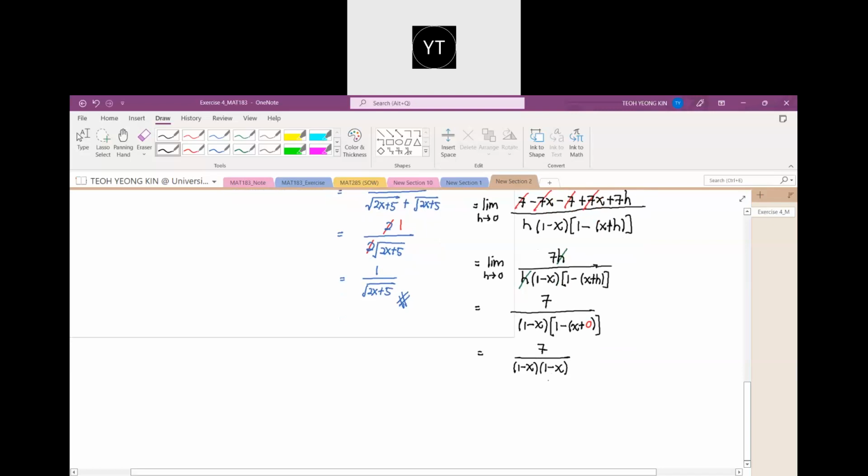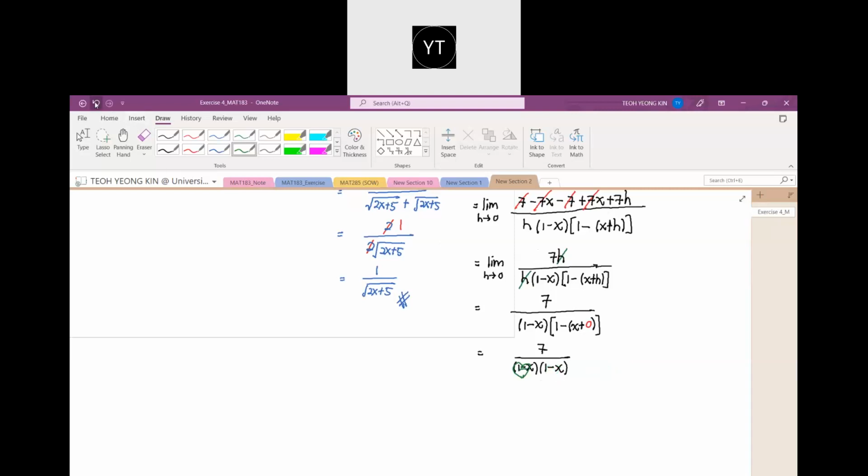Apa akan jadi? Macam tadi, just now, assume that this is apple. What happened if apple times apple? So we have apple squared. Because apple kita tak ada kuasa 2 lah. Just an example. Apple times apple, apple squared. Okay.